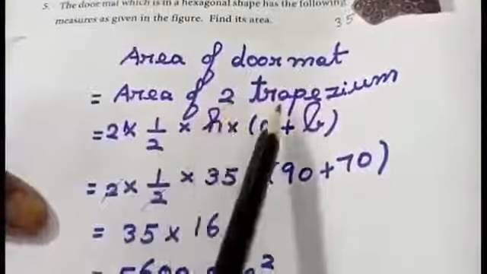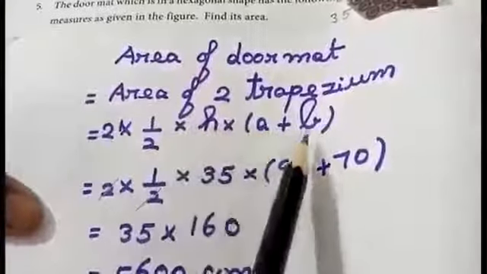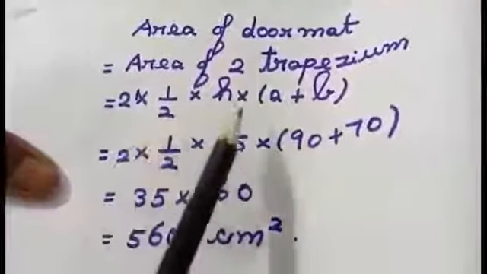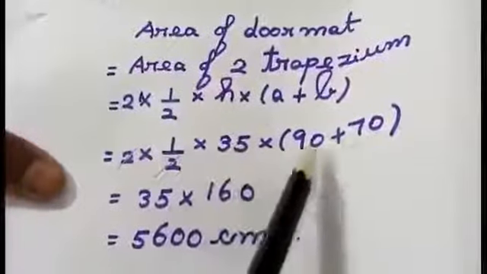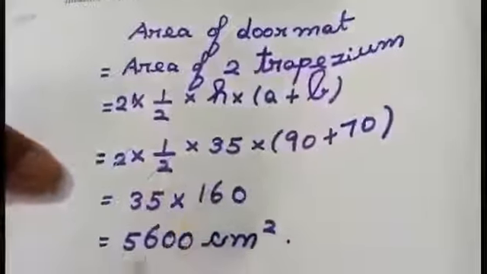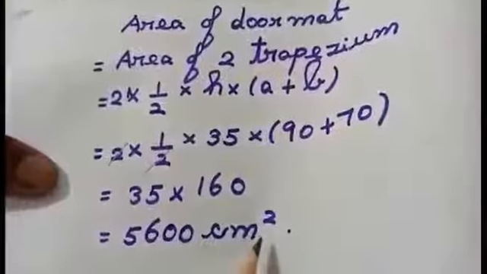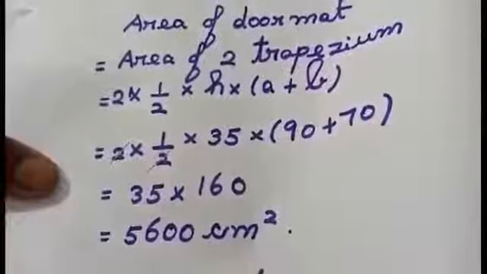Since I am having 2 shapes, I am writing it as 2 into half into h into a plus b. Cancel this 2. Height means 35. 90 and 70 are going to be the bases A and B. Calculate, you will get the answer as 5600 centimeters square, and that is the required area of the doormat.